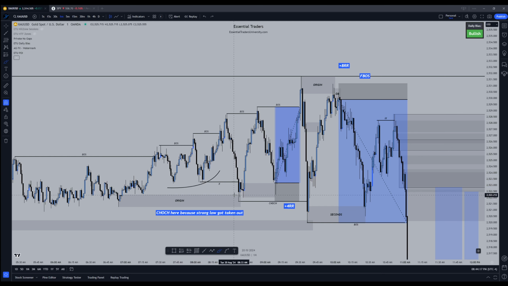If we have taken out liquidity once, this structure should be strong, and we should not expect another sweep of it. And if this structure still gets swept again, that means we're likely to actually head lower now because we just broke a strong low. And you guys know what happens when you break a strong low, right? We change character and we go to the other side.